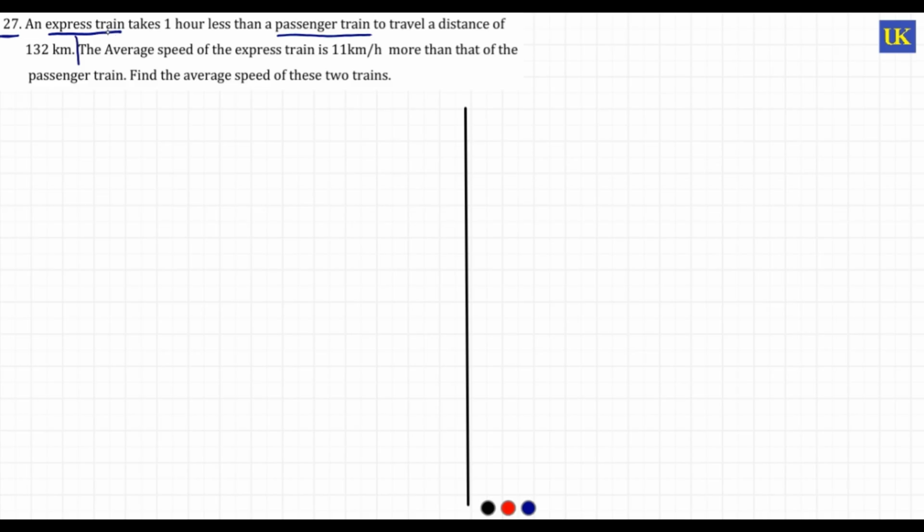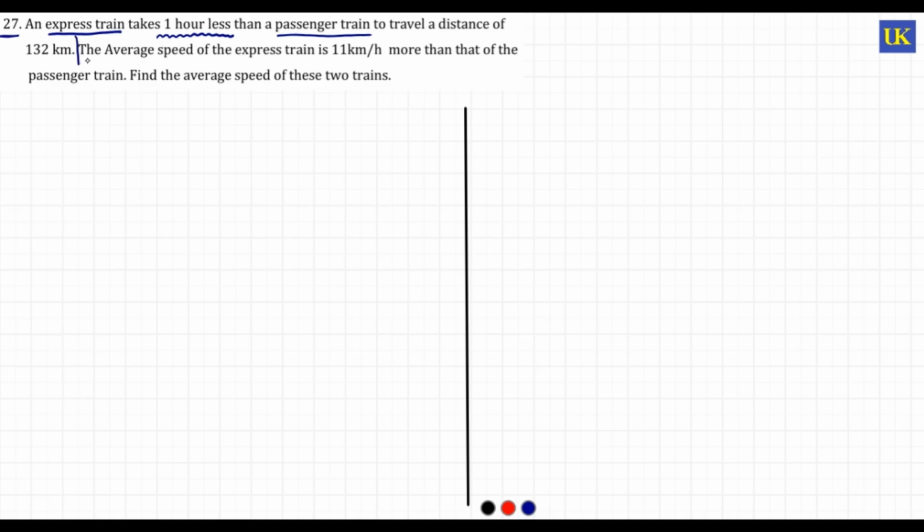So the express train takes 1 hour less when compared to the passenger train, traveling a distance of 132 kilometers.